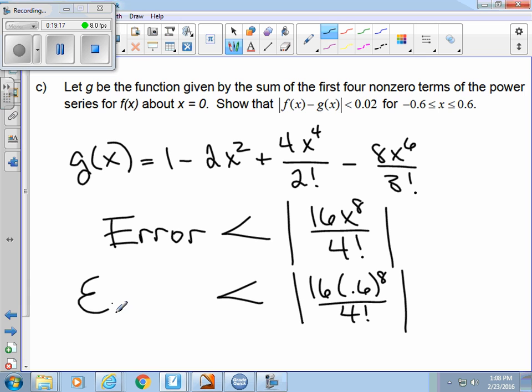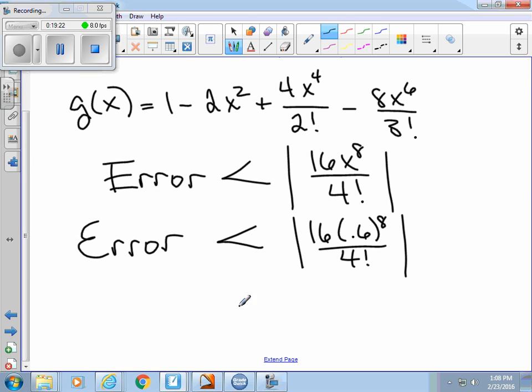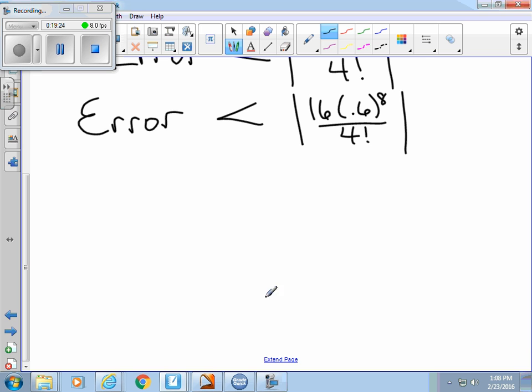This is where we actually have to have a calculator on this problem. That's why this is a calculator problem, because you are not going to raise 0.6 to the 8th power in your head. I'll have to check my math. It's been a while since I did this, but I think it's that. Now, I was trying to show that the error was less than 0.02, right?